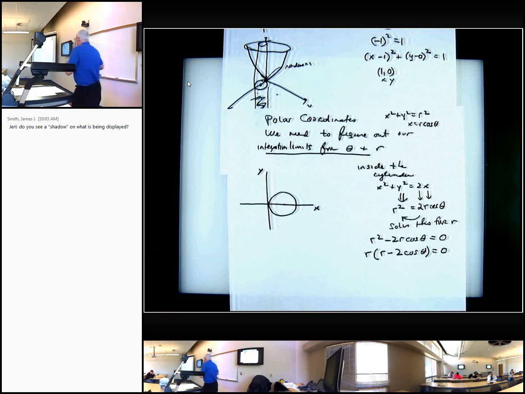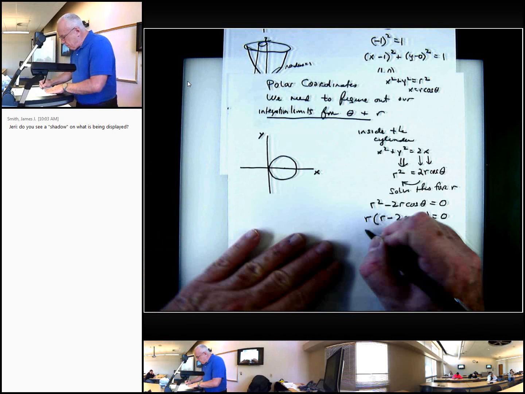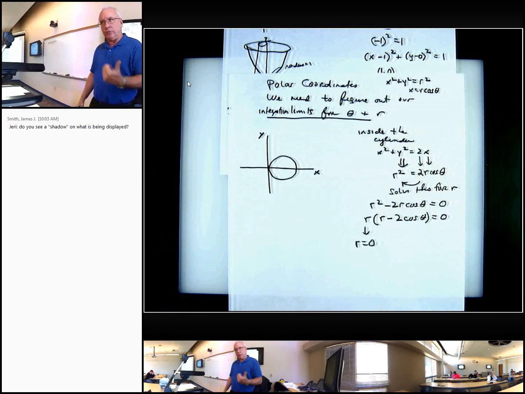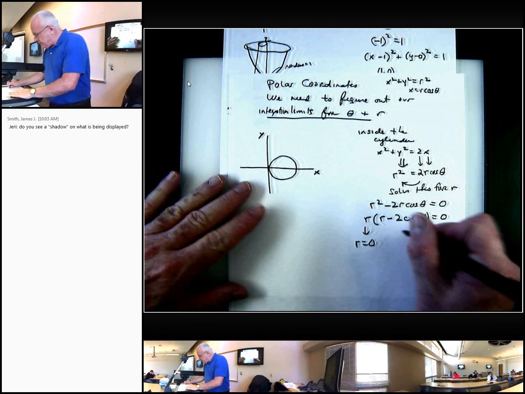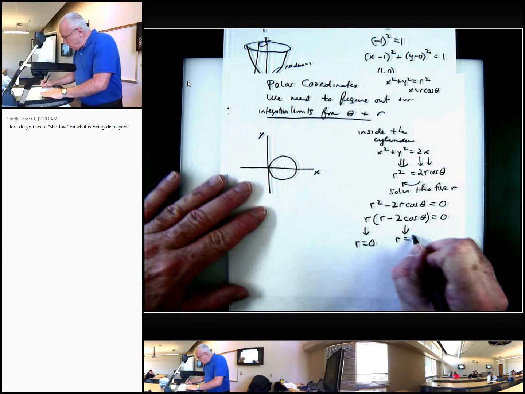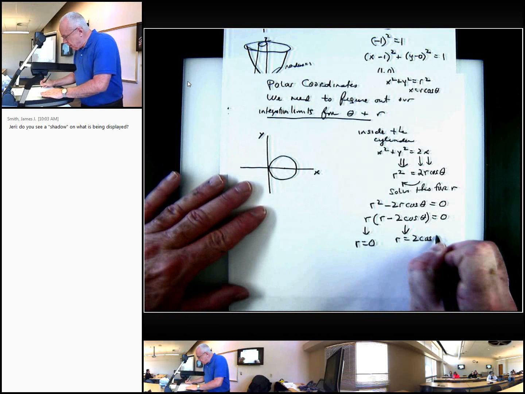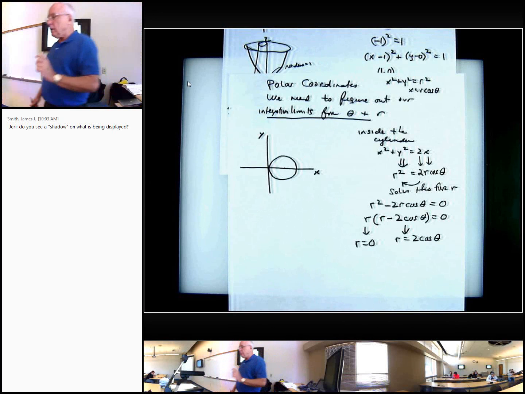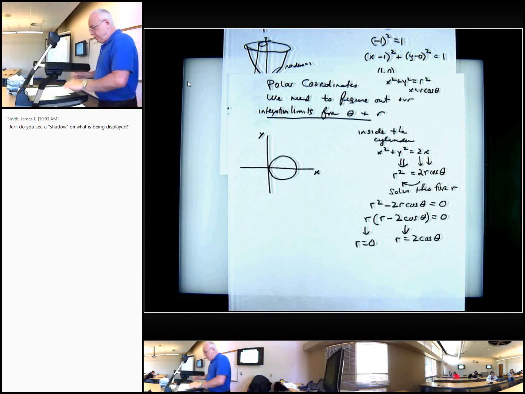So the two values of r that I have to have here are the following. My first factor is r equals 0. I either have to have r equals 0 to satisfy this cylinder, or r equals 2 cosine of theta. Those are going to be my limits for r.